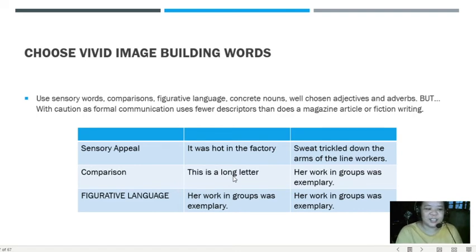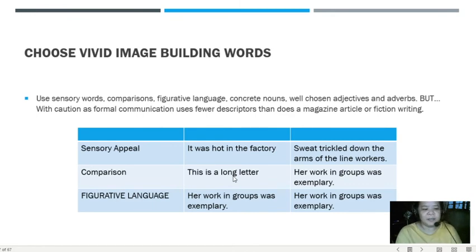Okay, so there is a comparison that creates a better image, a better understanding of what you want to say. Because if you say just "This is a long letter," long based on what?